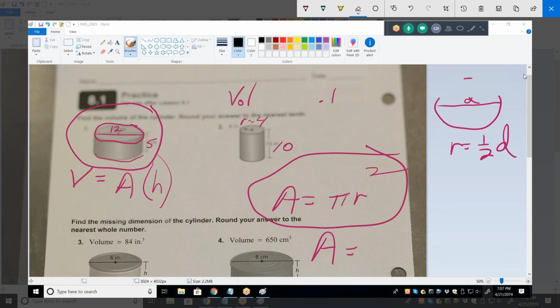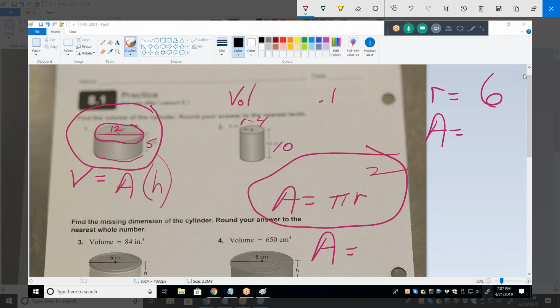Tell me what the radius is. The radius is 6. So what's the area of the bottom of that prism? 6 times 5. What's the general formula for area of a circle?